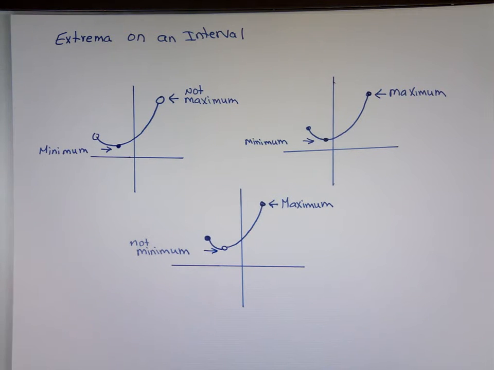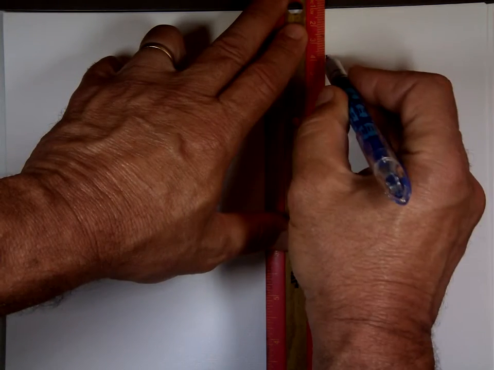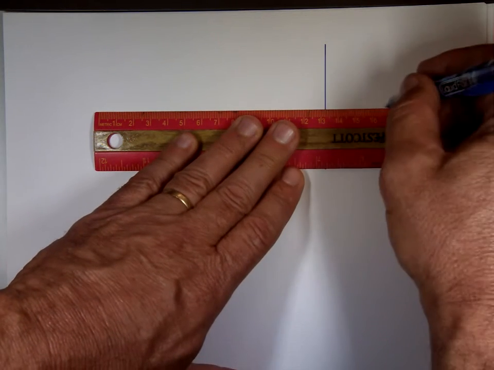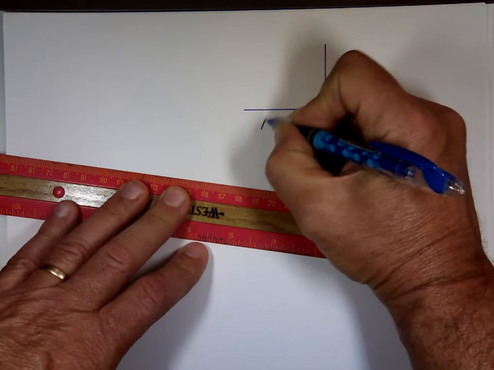As I said earlier, sometimes you'll hear me talking about relative or local min and local max, which means in the neighborhood, is this value a maximum value or a minimum value? So let's talk about that. Let's say I have a picture that looks like this, and I have a graph that looks like this.